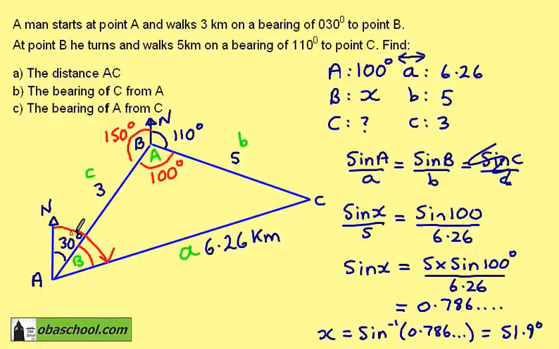This is the angle B, so the whole angle we want is that add 30, which is 81.9 degrees, or a bearing of 082 degrees to the nearest degree.